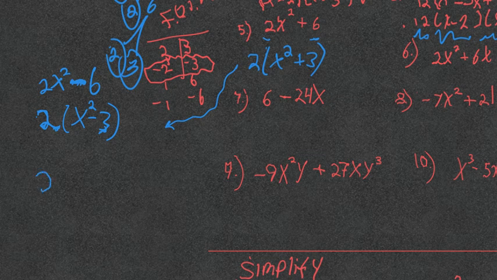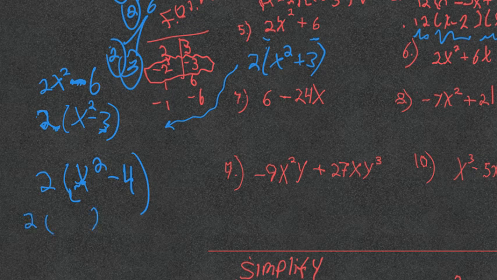But a different problem, if I had this, that's one that you might remember from last year, that if you have a final answer that looks like that, there's a problem. It shouldn't be your final answer, because you could continue that one because you have a difference of 2 squares.